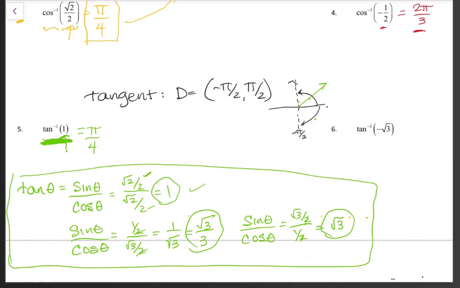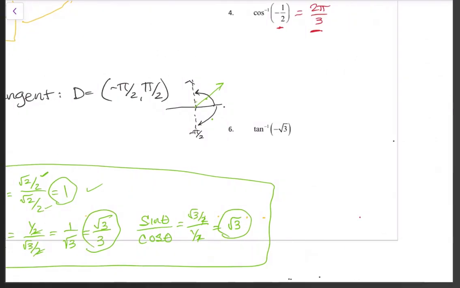Last example, we're looking at finding the inverse tangent of negative square root of 3. So remember down here where I've done my little cheat sheet, we're looking for a version of that one. So we're looking for a version of where sine is square root of 3 over 2, cosine is a half, but because this is negative, I want those signs to be different.